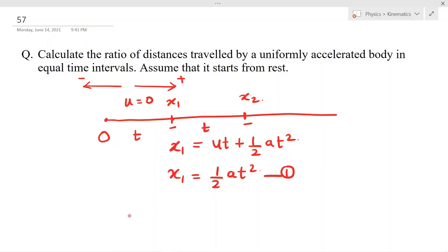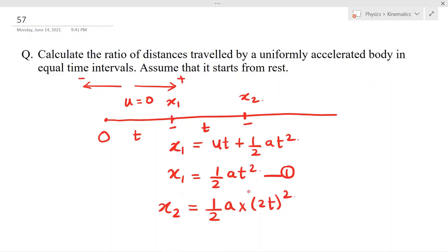Now what is the distance covered in this time interval t? It will be same, like we will take final position to be x2, initial position to be this, and this will be half, u is 0, acceleration a is same, into 2t whole square.